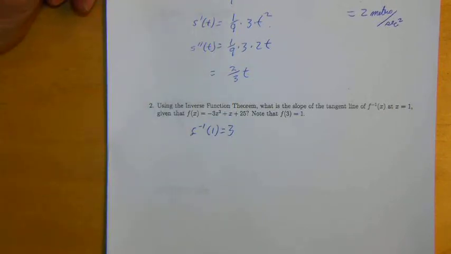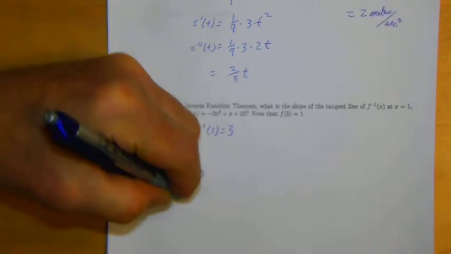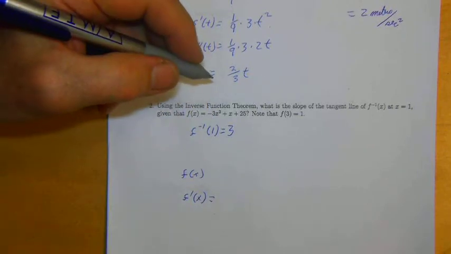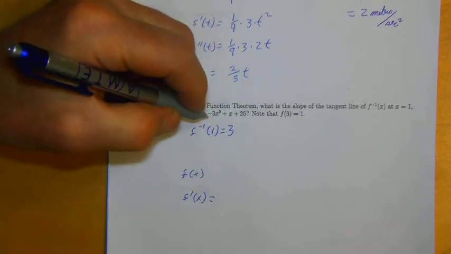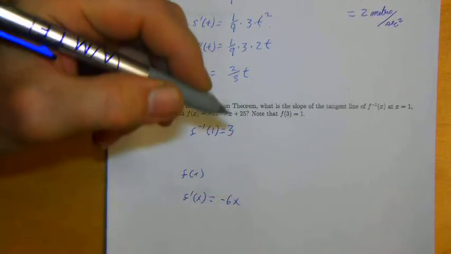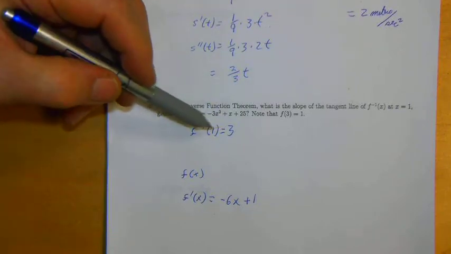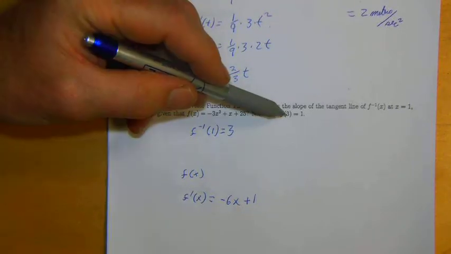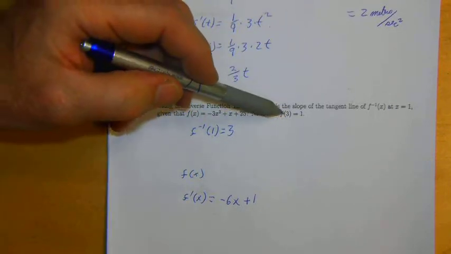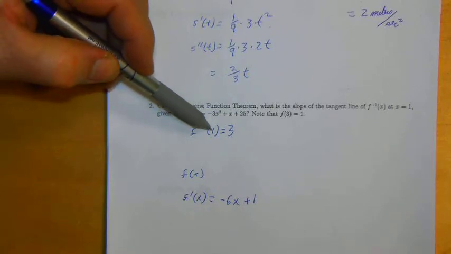Okay? Now, take f of x, take its derivative. Its derivative is what? Minus 6x plus 1. Plug in 3, because we want the slope at f inverse of 1. Got that?